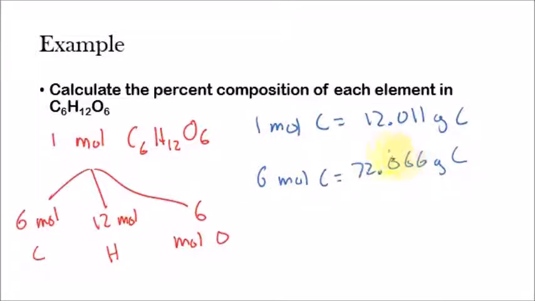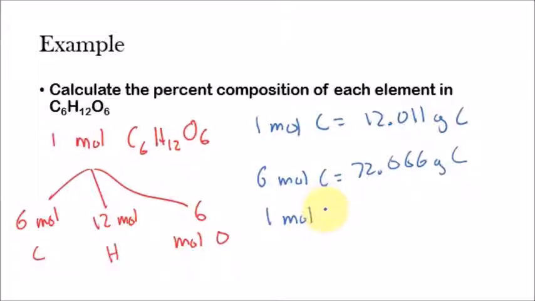Now, before we find the percent for carbon, let's do the same step for each element. Let's focus on hydrogen now. The average atomic mass of hydrogen is 1.008.